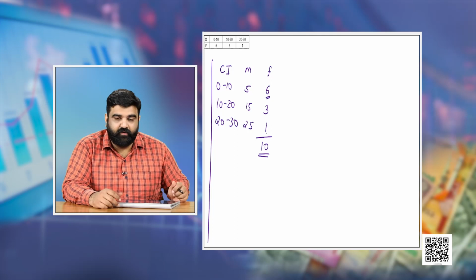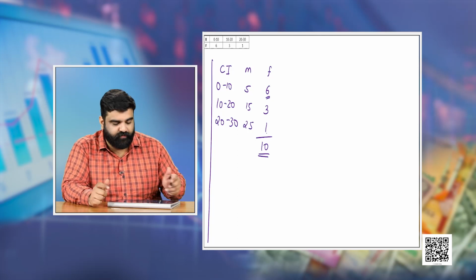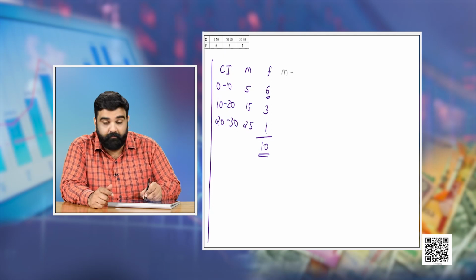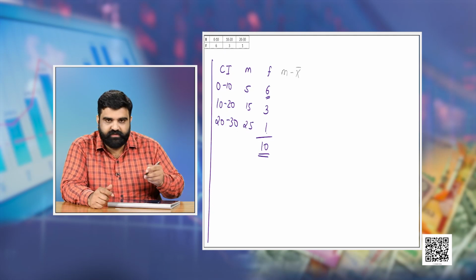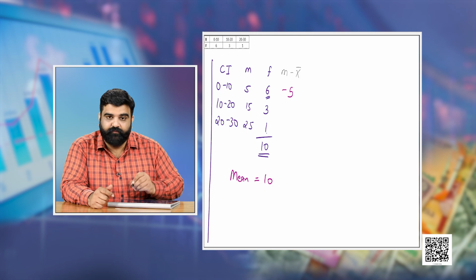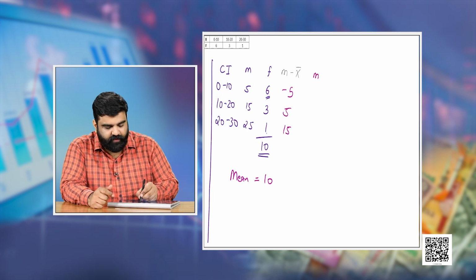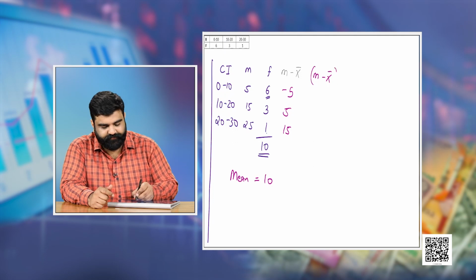So, now let me calculate the values, that is the difference between the mid value and the actual mean. So, I have m minus x bar because my mean is 10. So, the differences will be minus 5, 5 and 15. Let us square these values.